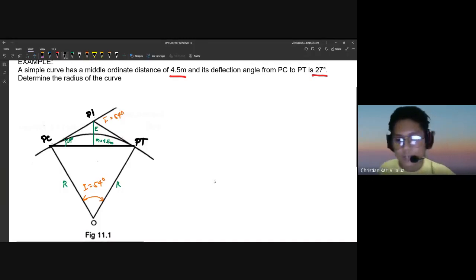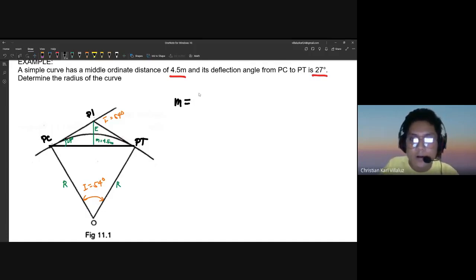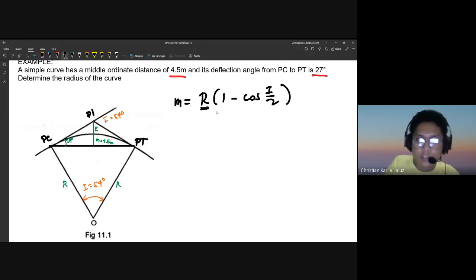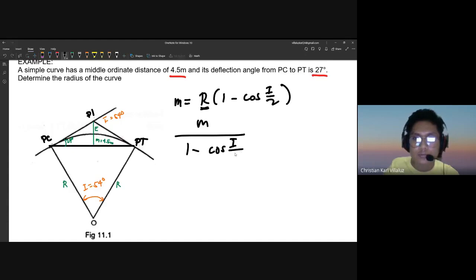So what is required here is to determine the radius. Since given is the middle ordinate, we can use the formula M equals R times 1 minus cosine I over 2. Now, required yung R, so divide both sides by 1 minus cosine I over 2 to eliminate that quantity at the right hand side of the equation.